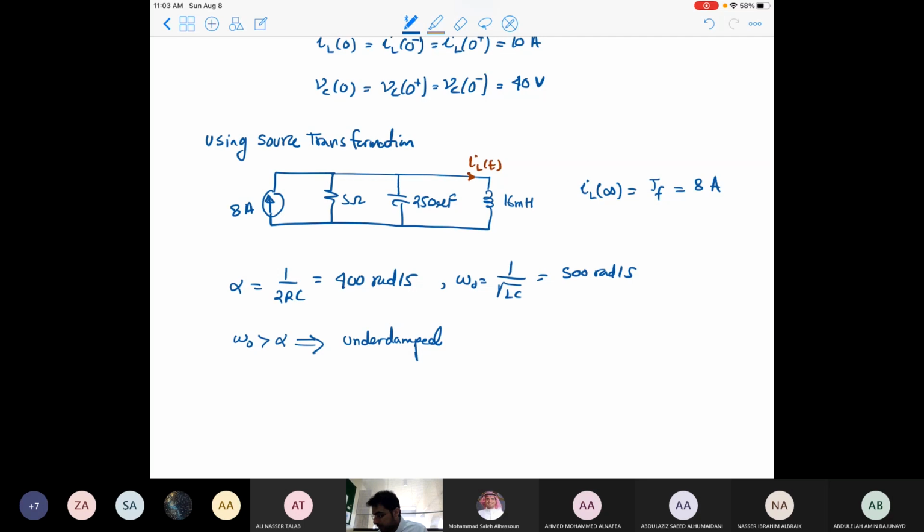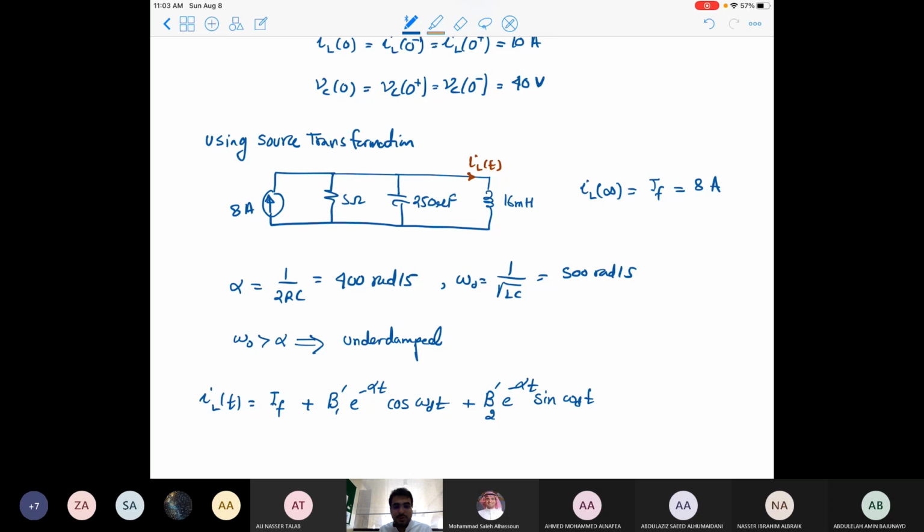So for underdamped response, the general form of the solution for the current will be the final value plus... So what's missing here?